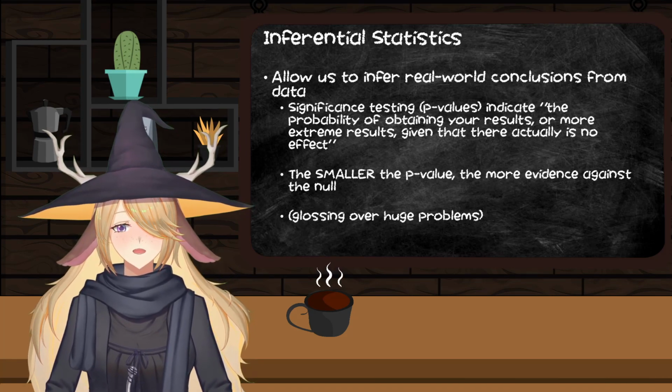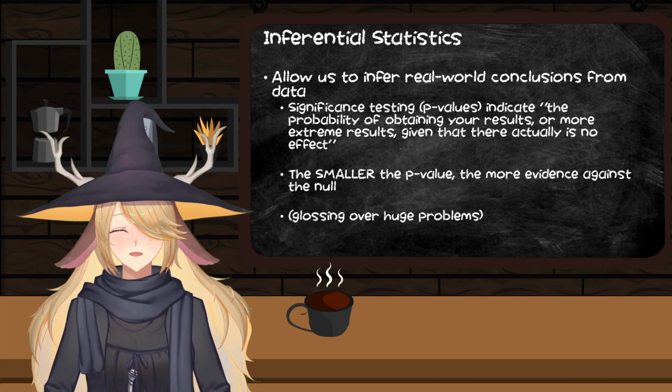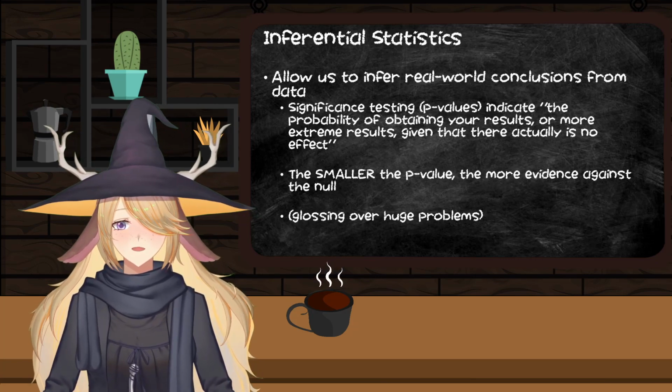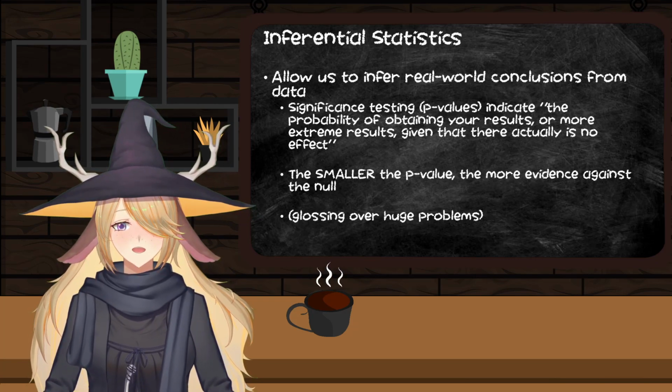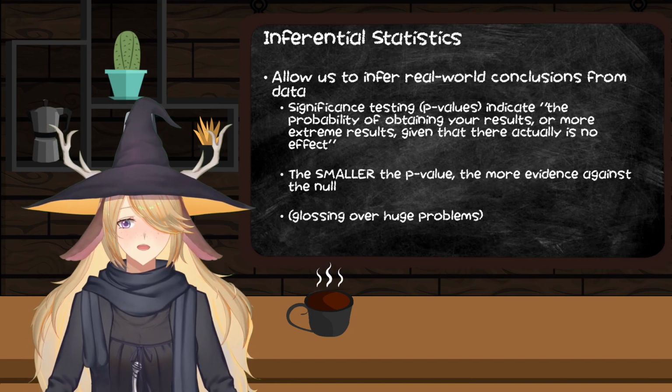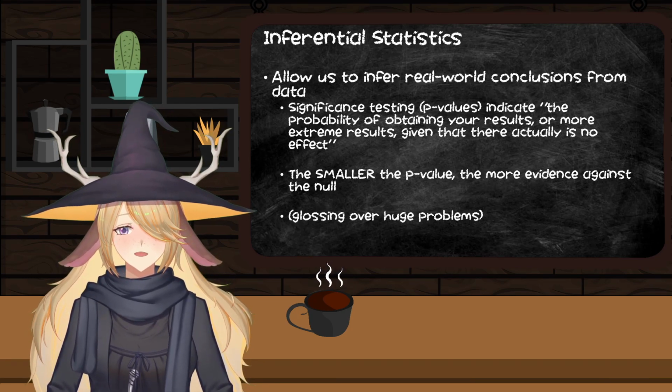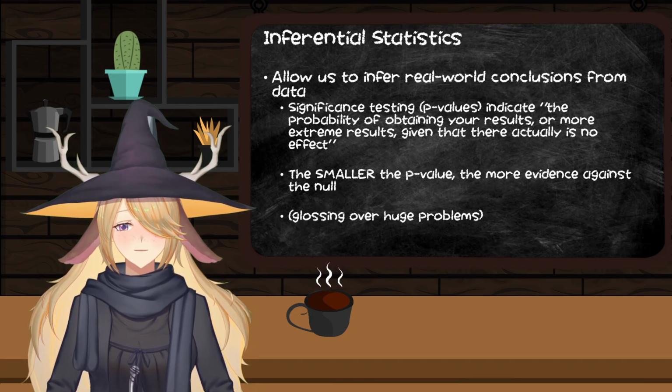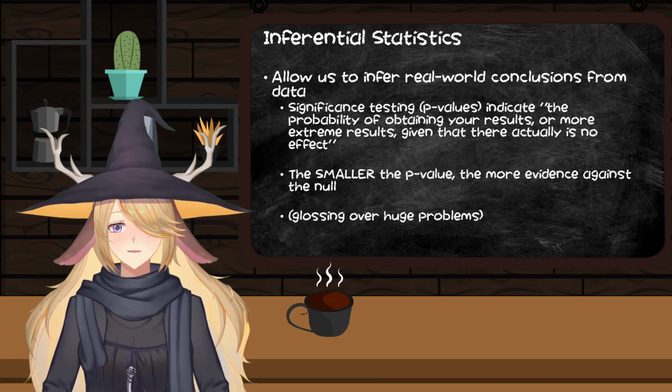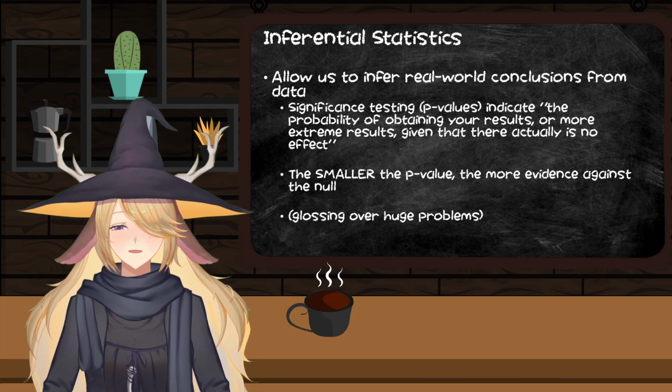So in general, what a lot of people are taught in their Psych 101 course is that p-values are the red light, green light of publication. So you do your significance test and it gives a p-value. Usually the convention is to say whether it is greater than or less than 0.05.